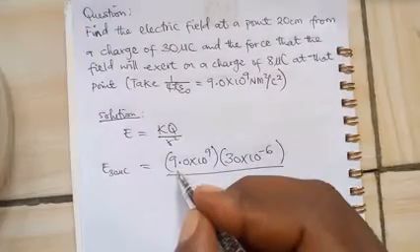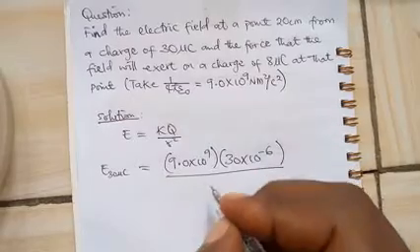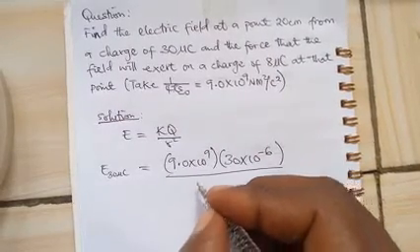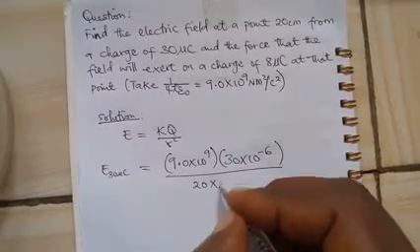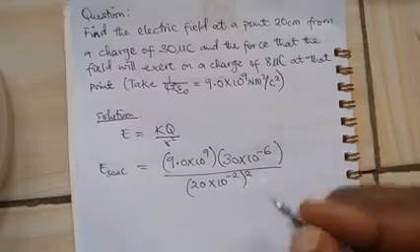What is the distance given to us? The distance is 20 centimeters, and we cannot work with 20 centimeters. We need to convert it to meters, which will give us 20 times 10 raised to power minus 2. And remember, it is squared.